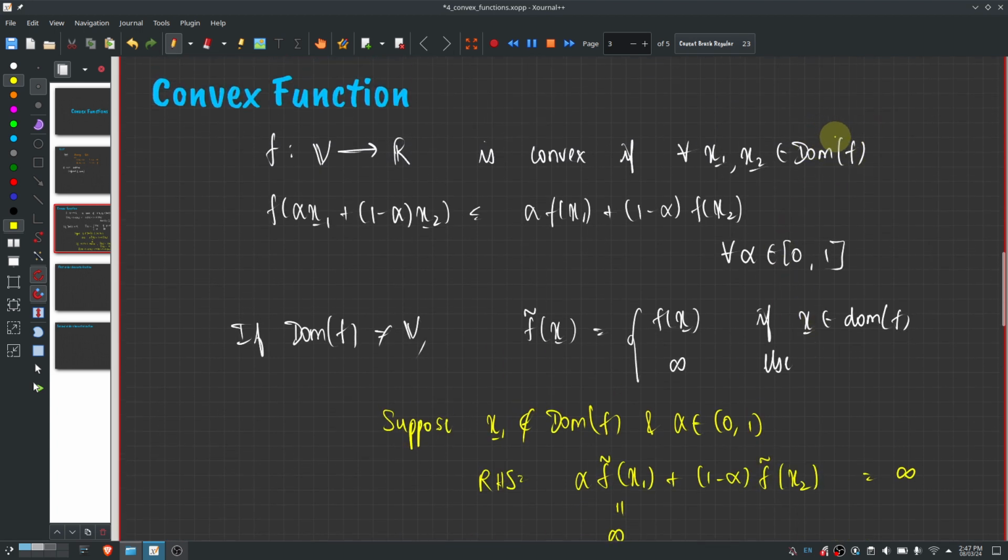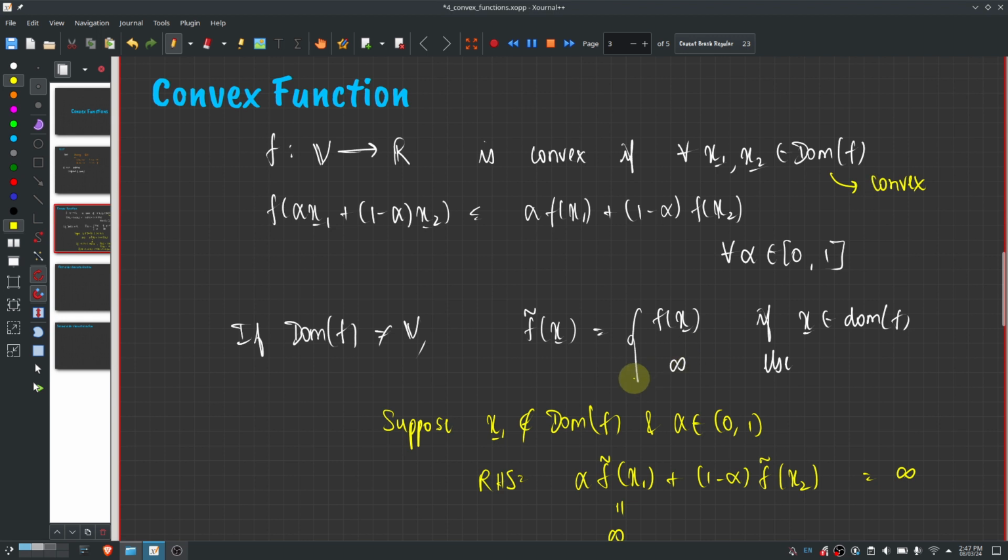So one fundamental assumption that we make is that the domain of f is convex. So as long as f is well defined, a convex function defined on some convex set, we can always consider the so-called extension, which will be convex throughout the entire space.